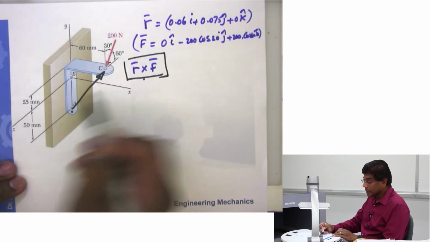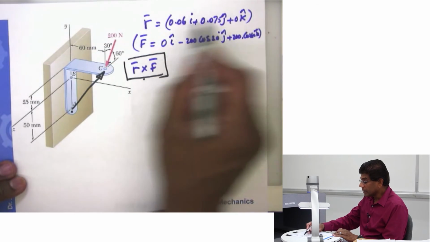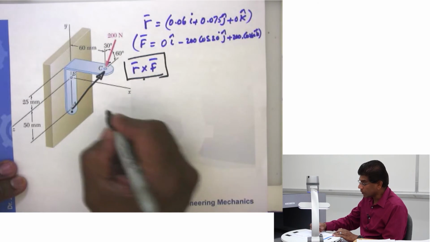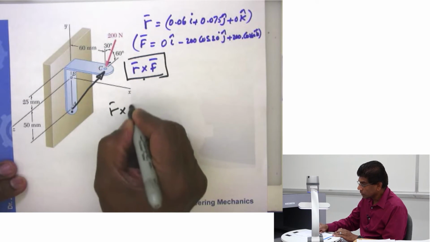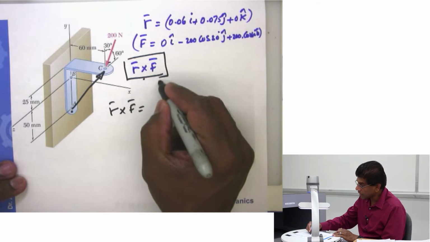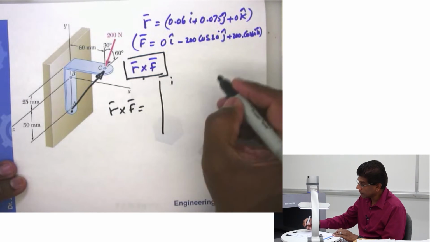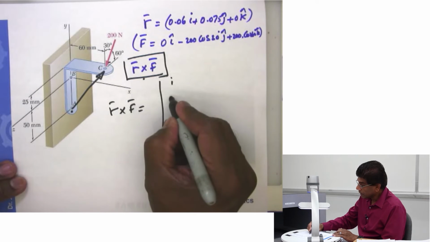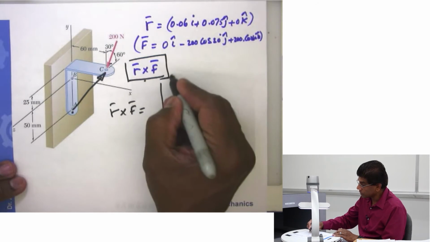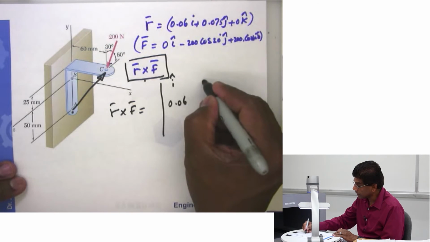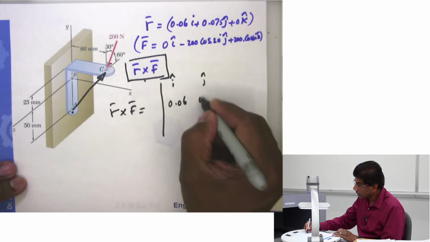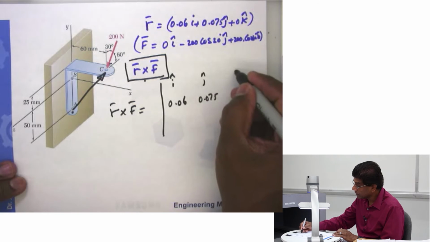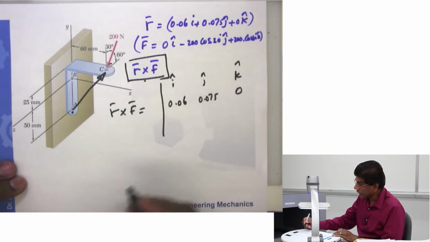Since it is in 3D, instead of doing all the details, I'm going to put this into the determinant form that I talked about. Here comes my R: the x component 0.06 is my unit vector i, j is 0.075, k I have a 0.